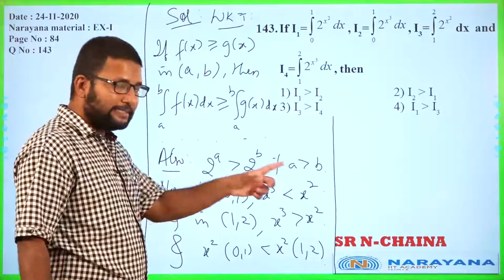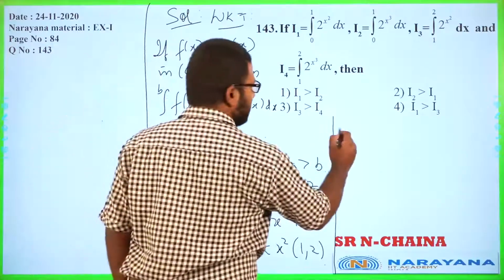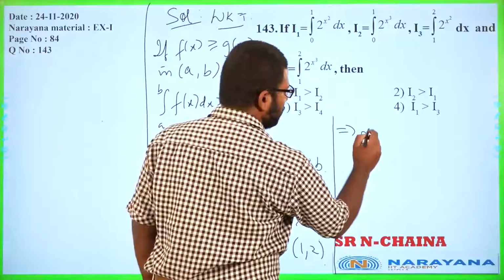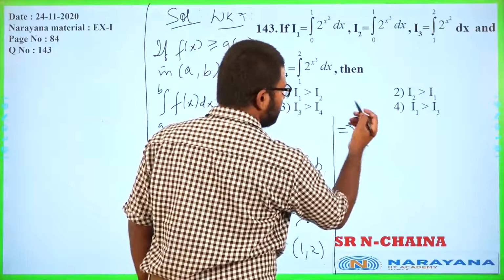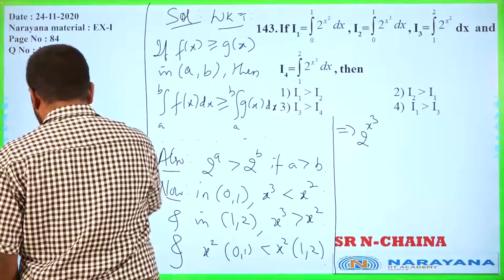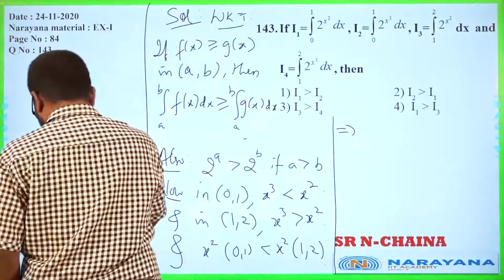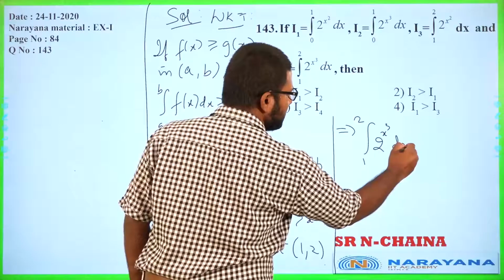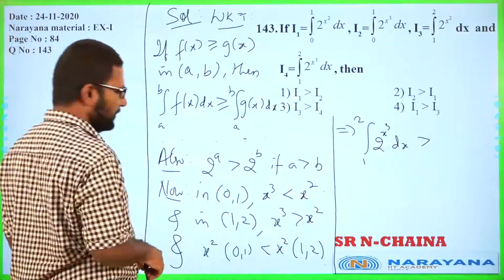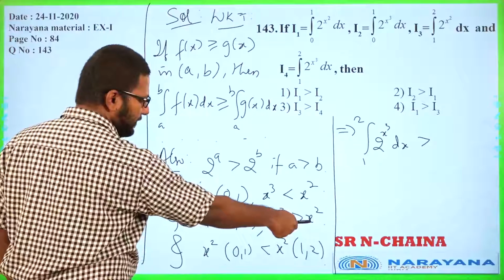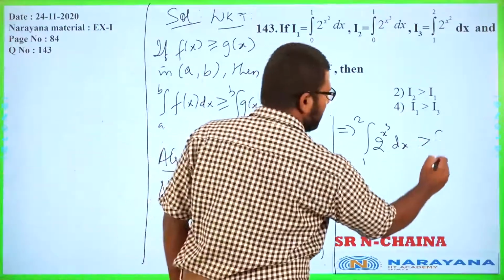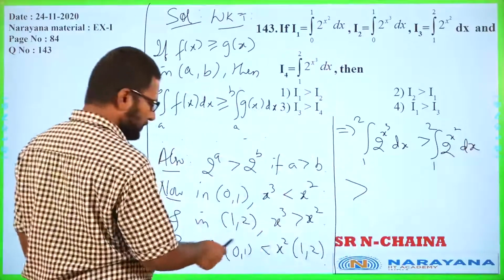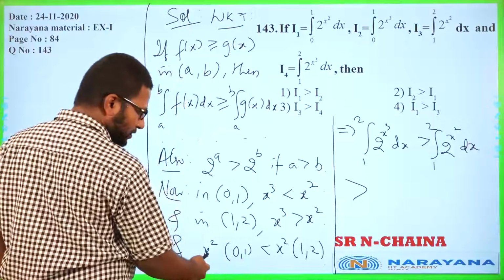So now establish the entire relationship. Let us see which will be the highest. Highest will be x cube in 1 to 2, so 2 raised to x cube. Let us directly put the integral only, which means the integral in the interval 1 to 2 of 2 raised to x cube dx is greater than, right, because in 1 to 2 x cube is highest, then 1 to 2 x square, the integral from 1 to 2 of 2 raised to x square dx, which is greater than, now we said 1 to 2 x square is greater than 0 to 1 x square.